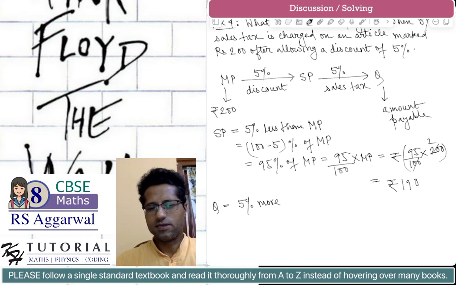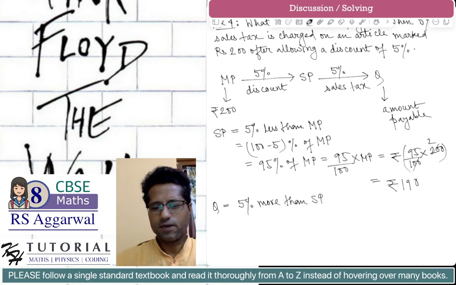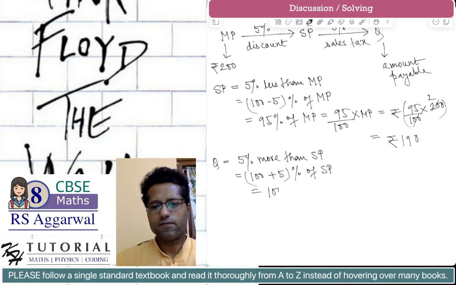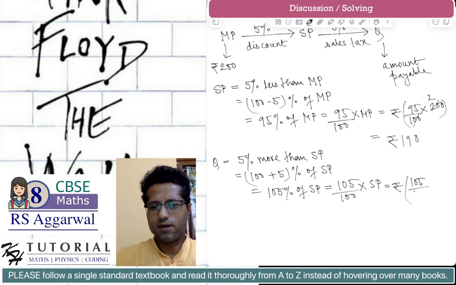So we can say that Q is 5% more than the selling price, which is equal to 100 plus 5% of SP, which is equal to 105% of SP, which is equal to 105 divided by 100 multiplied by SP, which is equal to rupees 105 by 100 multiplied by 190.